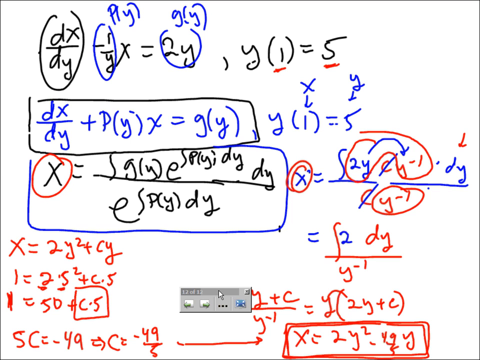Let us try one more problem. Suppose you're given that y prime plus tangent x times y equals a pure function of x, cosine squared x.